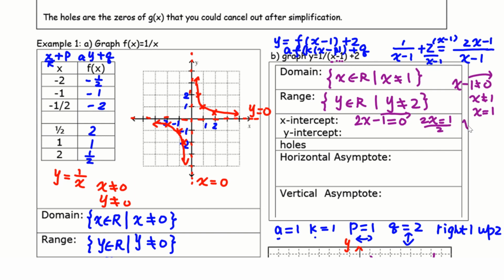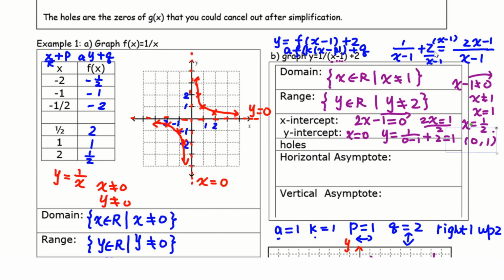So you have x equals 1 over 2, that is your x-intercept. And for the y-intercept, we sub in x equals 0. Then y equals 1 over 0 minus 1, plus 2. It gives you 1, so you have (0, 1) as your y-intercept.